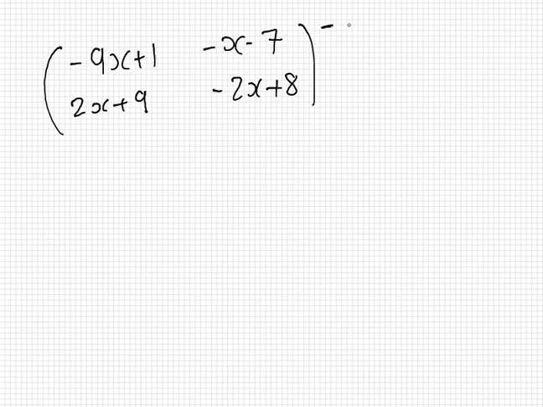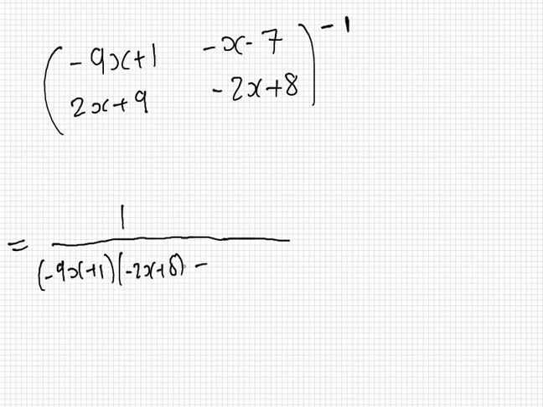So I want the inverse here. If you remember the formula, I do 1 over the determinant. The determinant is minus 9x plus 1 minus 2x plus 8, minus x minus 7, 2x plus 9.